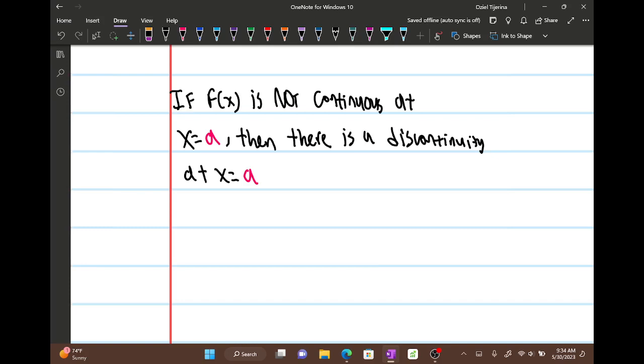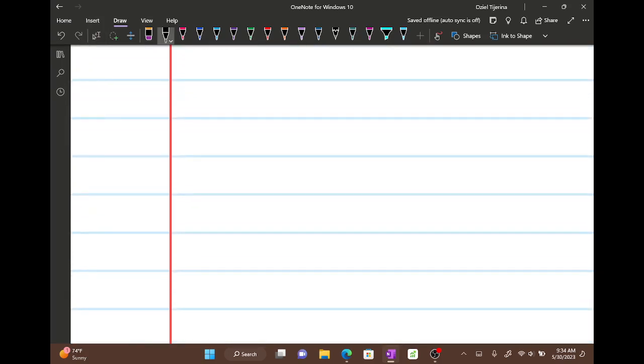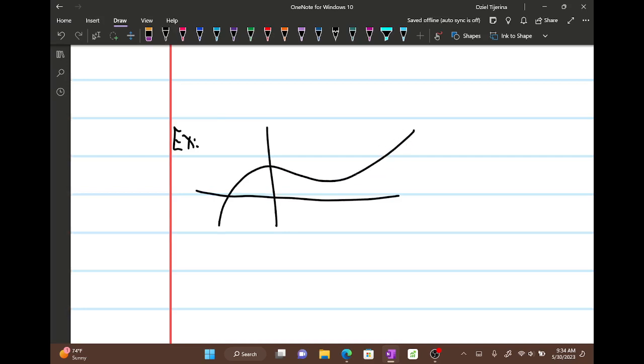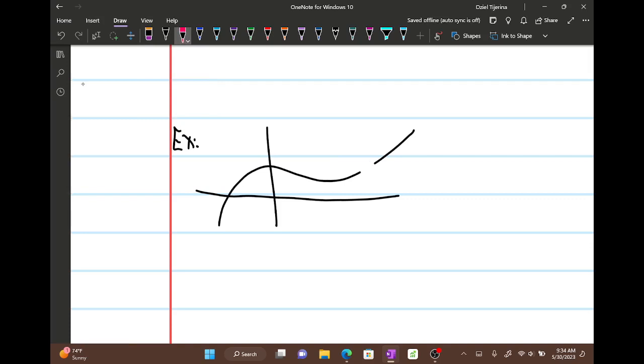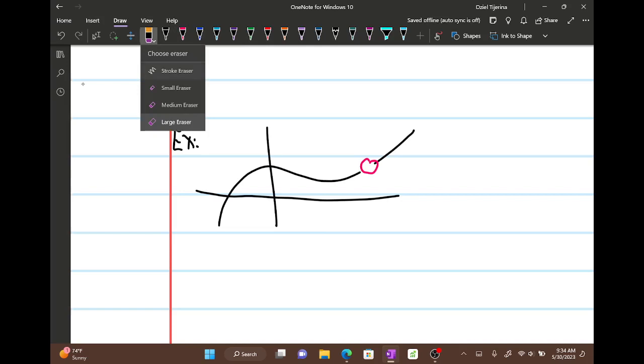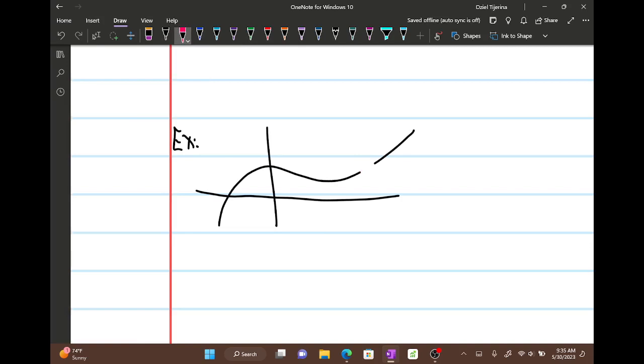So for example, I want to go over some examples. Let's say we have some kind of curve, but let's just say hypothetically that there is some type of hole or gap in this curve here. And I know that looks like a really, let me just kind of do this.